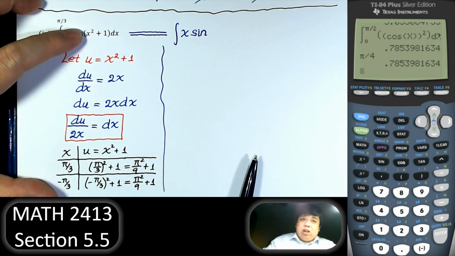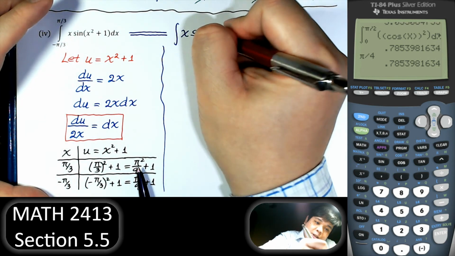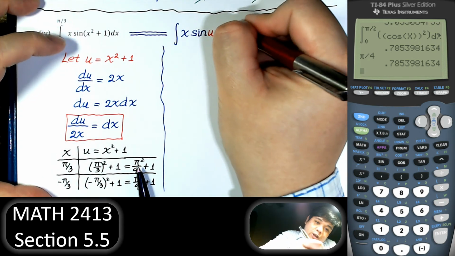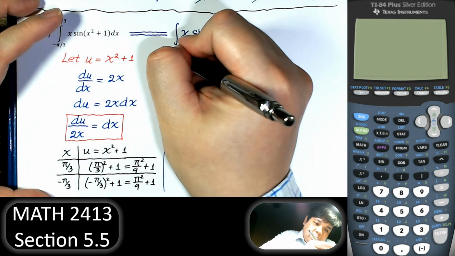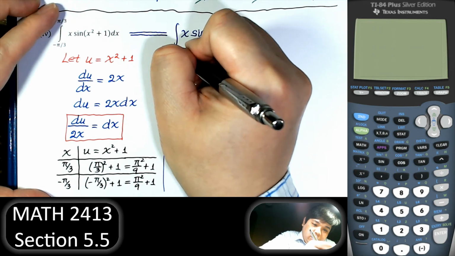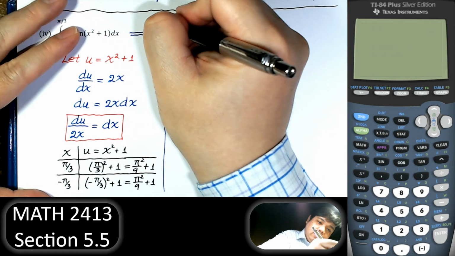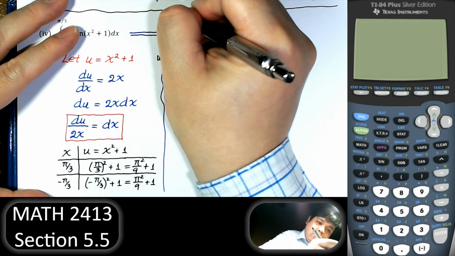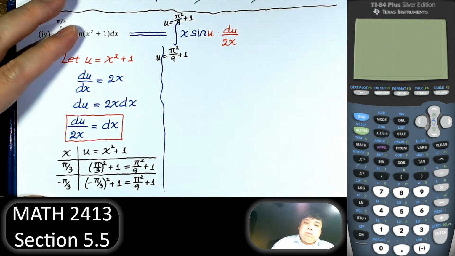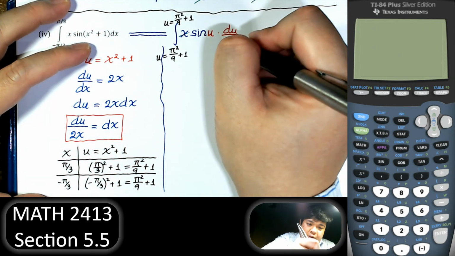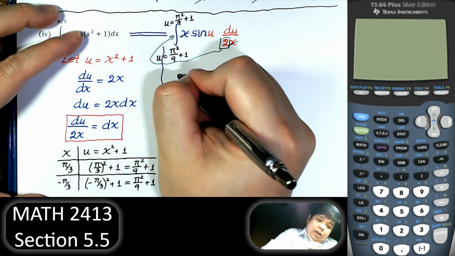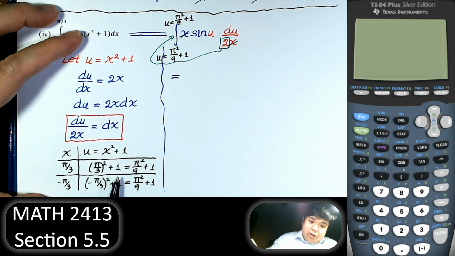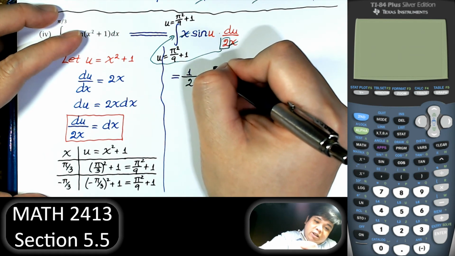X squared plus 1 is going to be u, and then dx is du over 2x. The limit now is going to be pi squared over 9 plus 1 to pi squared over 9 plus 1. The x cancels out, the 2 moves outside, so we will have the 2 at the bottom and 1 on the top, so we have a fraction.